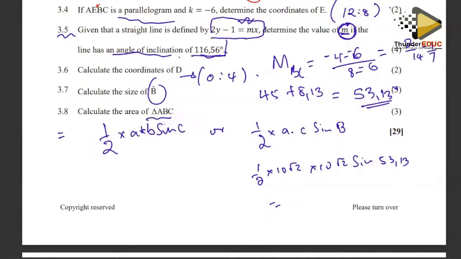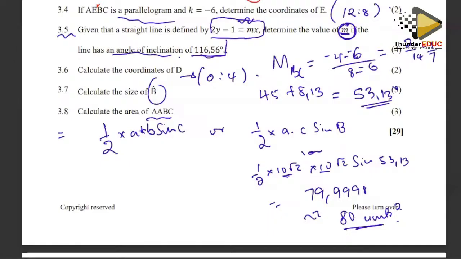So when I punch this into the calculator, that's going to be the sine of 53,13. I'm multiplying it by 100, because this and this is going to be 200 divided by 2, that's like 100. So I'm getting 79,9998, which is approximately 80 units squared.